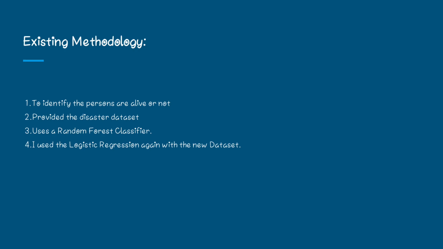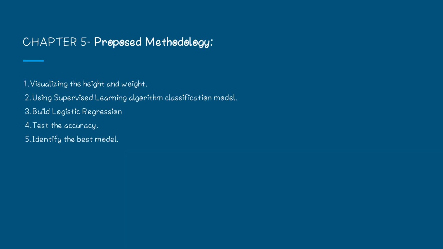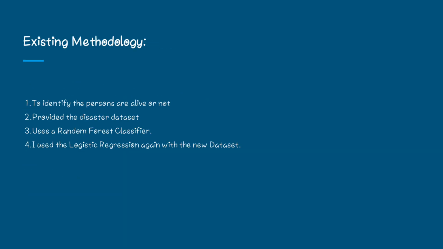Then I use logistic regression again with the new data set, because it is used to calculate or predict the probability of a binary yes or no. Logistic regression is supervised learning, so I will use the logistic regression model.